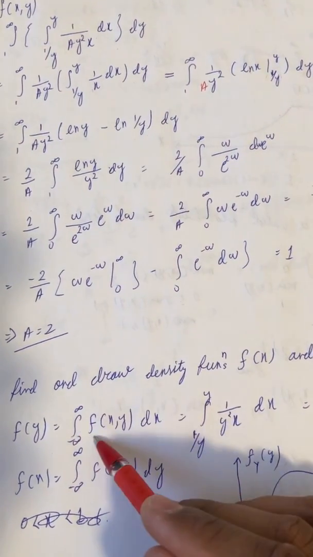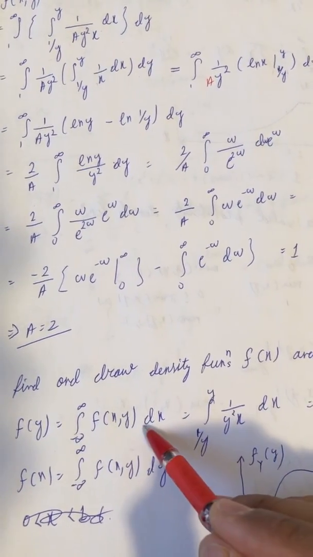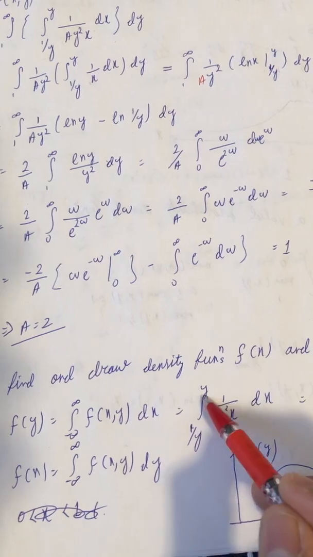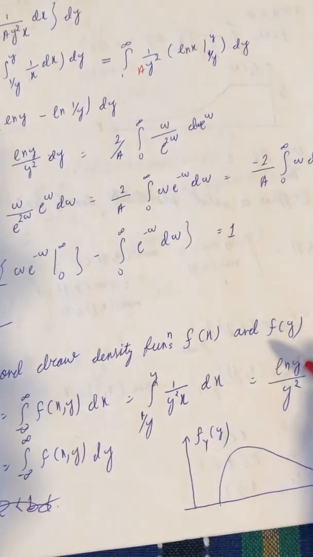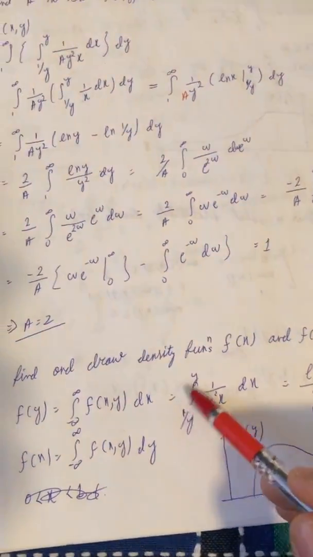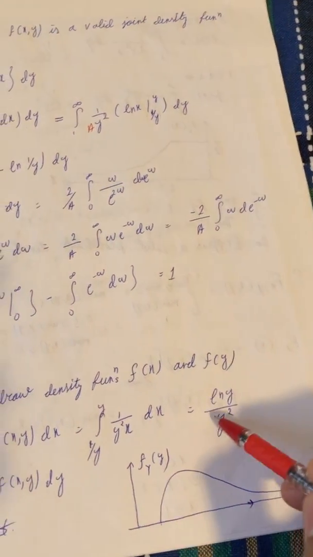We know the value of x lies between 1 by y and y, so 1 by y square x dx. We remove the a part because it is a constant and we don't care about it. By solving this, you get ln y by y square.